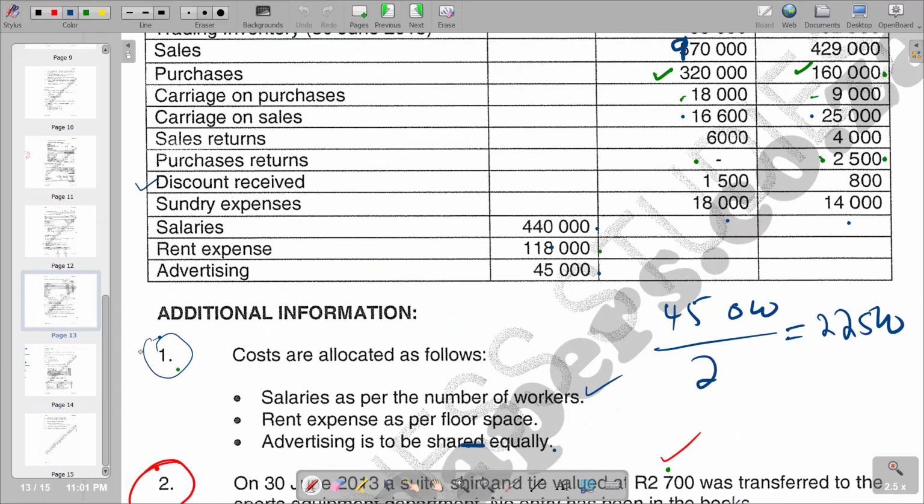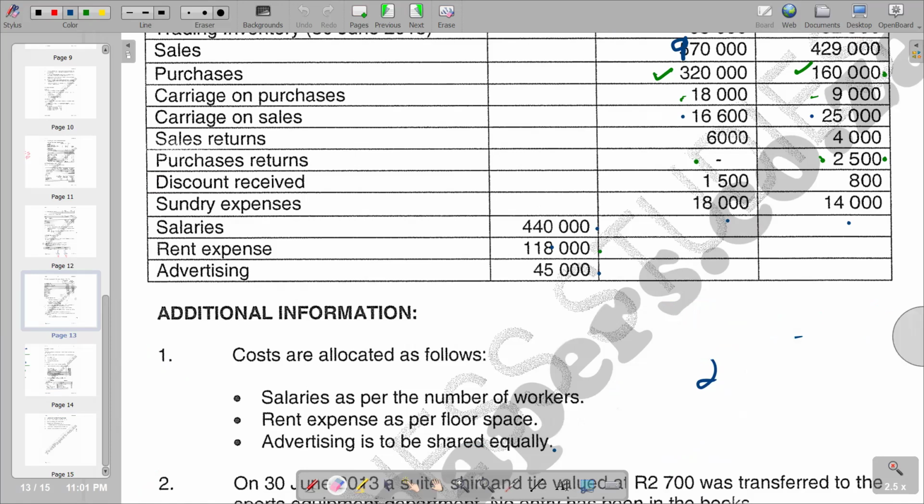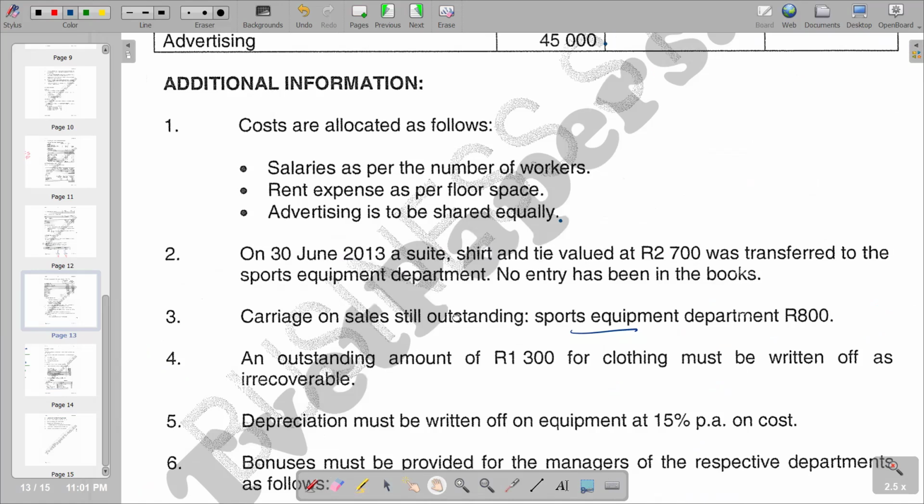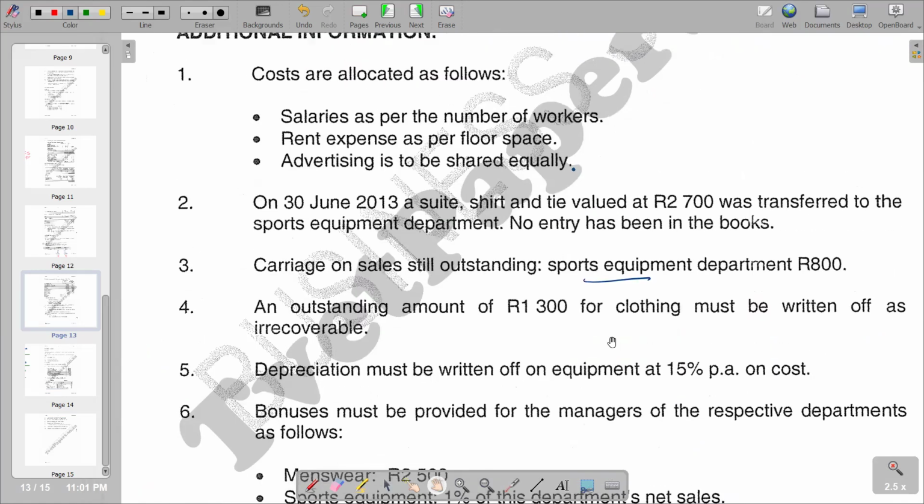I will check if we still have any other expense. So we check additional information if we've got any other additional expenses that we don't have in the lists that are mentioned in the additional information. Remember, the issue of depreciation, you can only find about depreciation in additional information. But before we go there, we have item number 4.